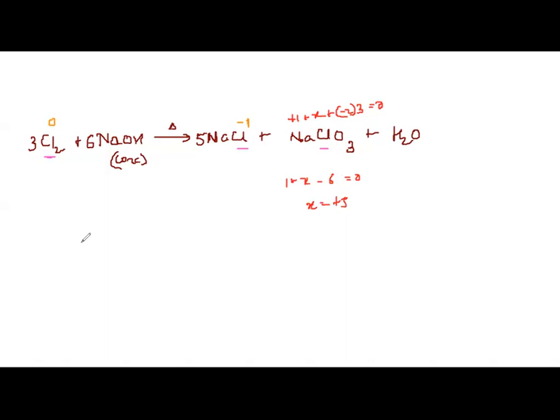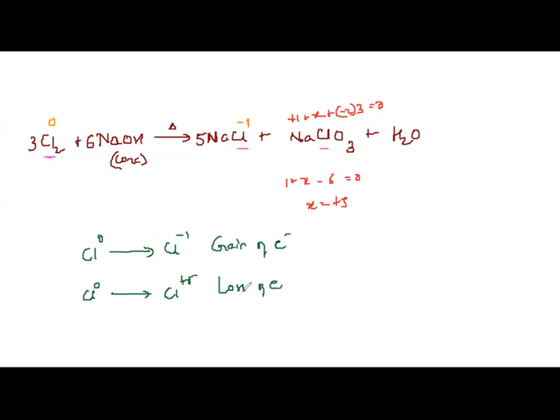So what is happening from the reactant side? Chlorine, which is having 0 oxidation state, in one case is becoming -1. So that is gain of electrons. And in another case, from 0, it is becoming Cl plus 5. That means loss of electrons.